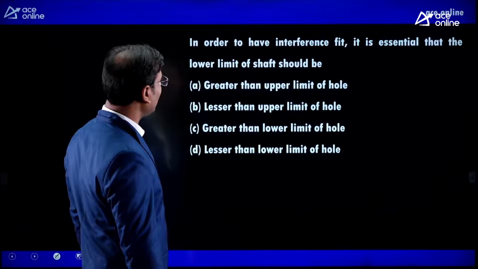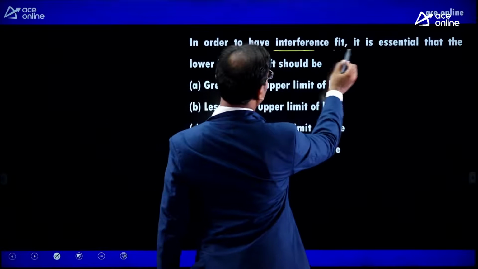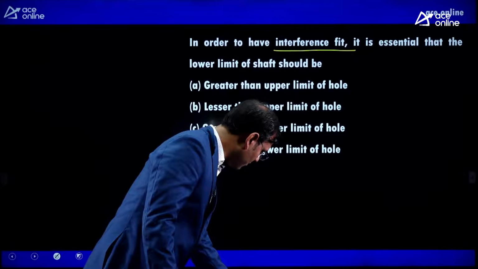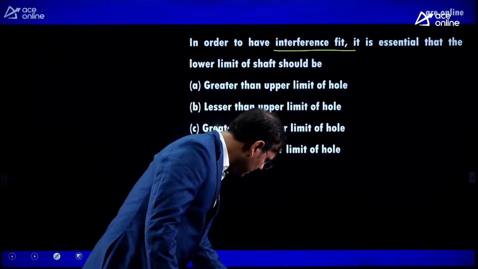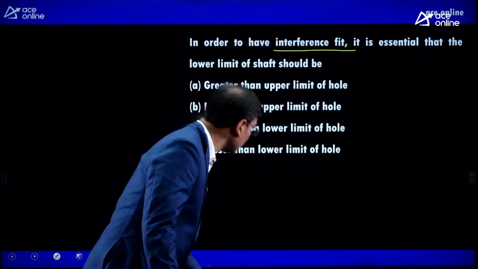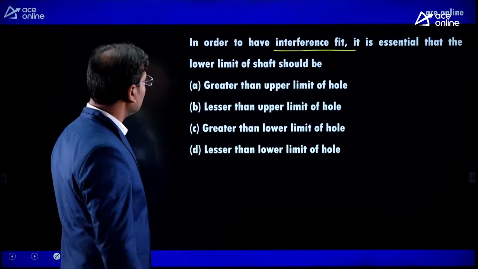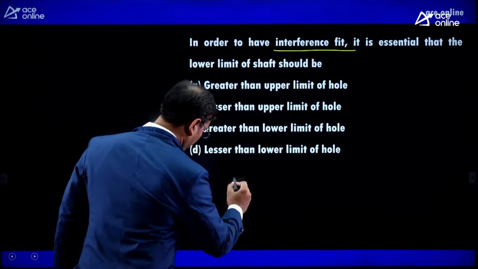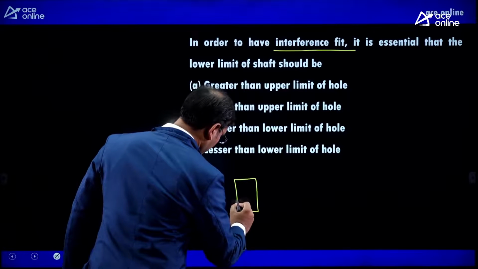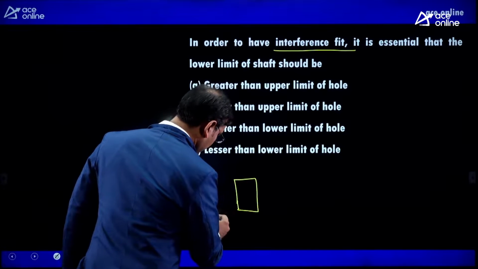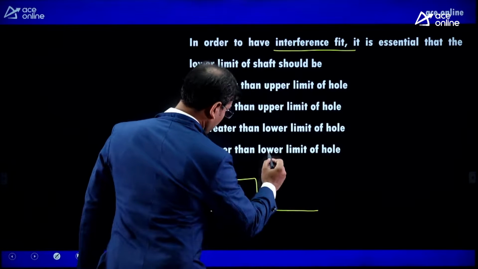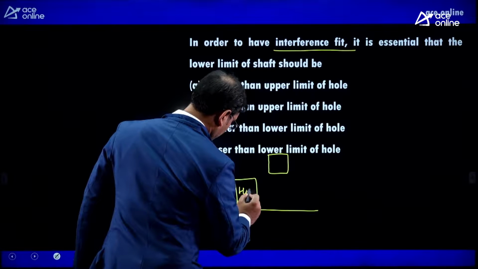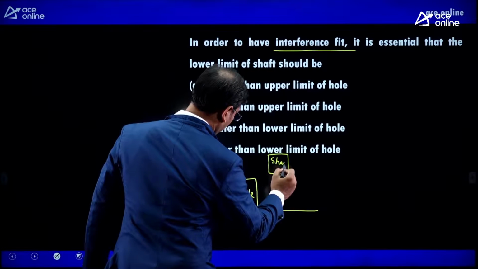Now, in order to have an interference fit, it is essential that the lower limit of the shaft should be what? What is the case of interference fit? Just see, this is the hole, this is the shaft.